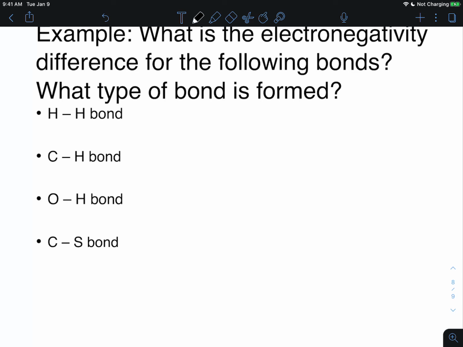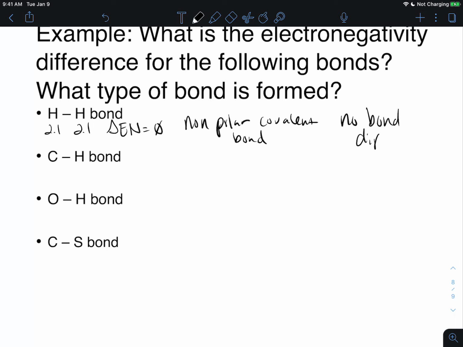A hydrogen atom has an electronegativity value of 2.1, and the other hydrogen is also 2.1. So our electronegativity difference here is 0, so this is a non-polar covalent bond. So no bond dipole. Okay, carbon-hydrogen.